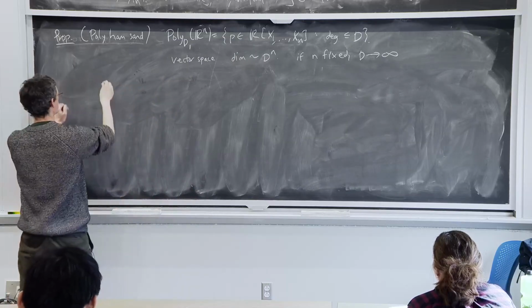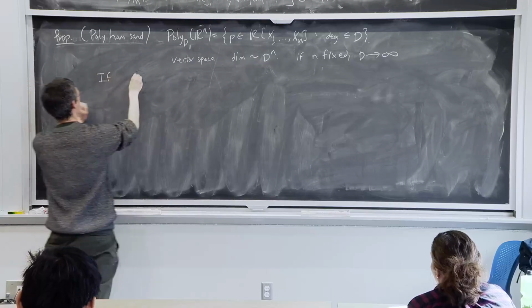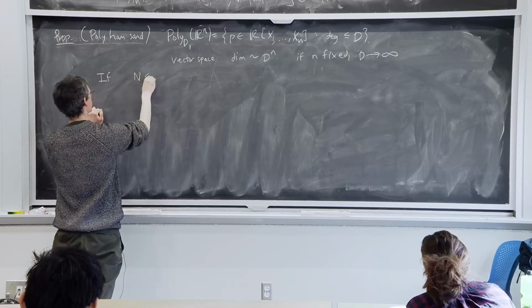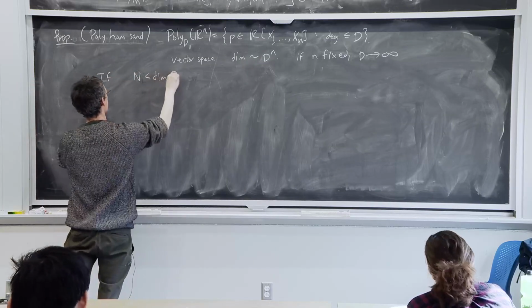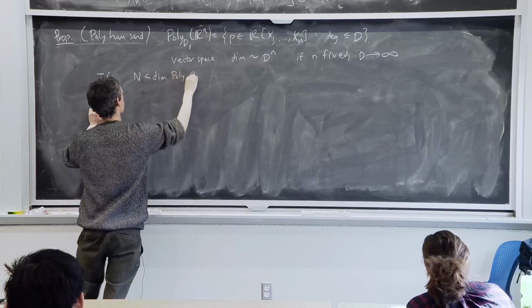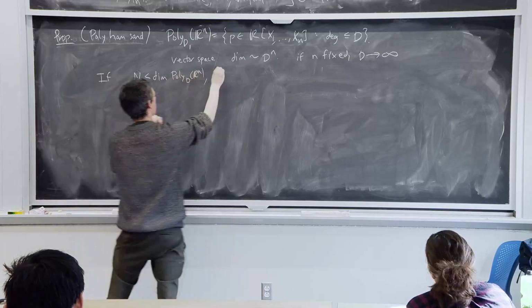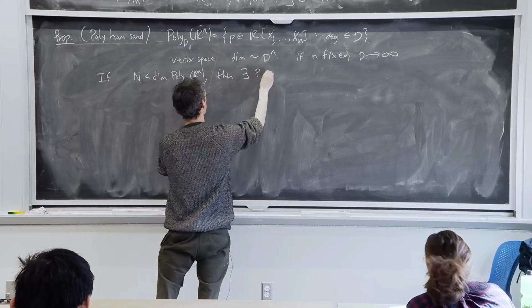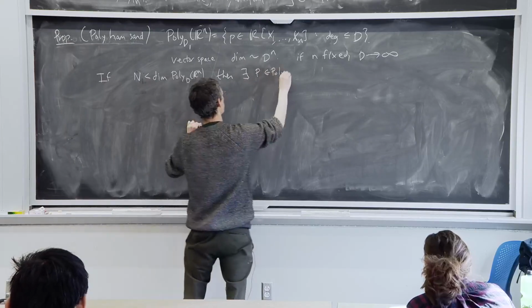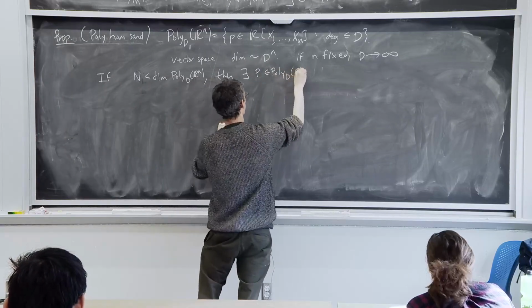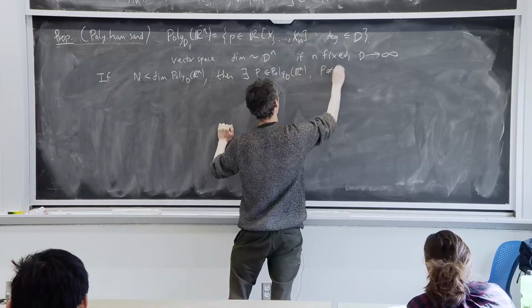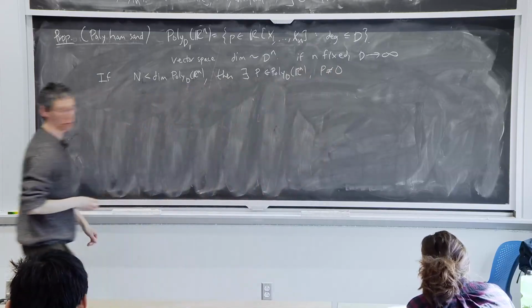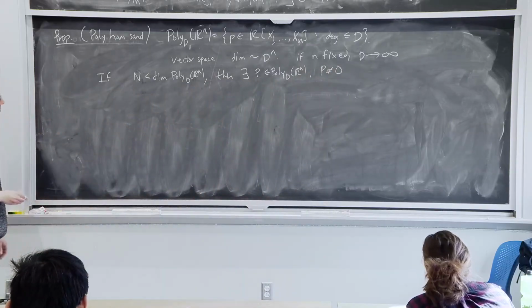OK. So the proposition says that if capital N is strictly less than the dimension of this space, then there exists a polynomial P in the space of polynomials, which is non-zero, and the polynomial bisects each of the open sets.